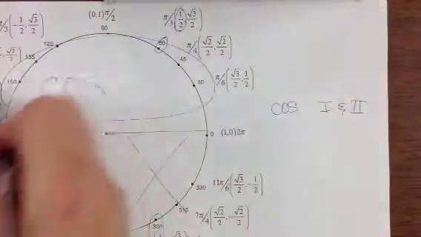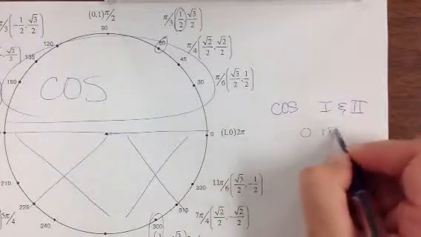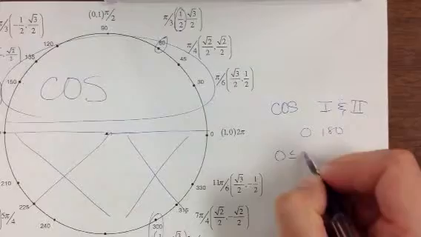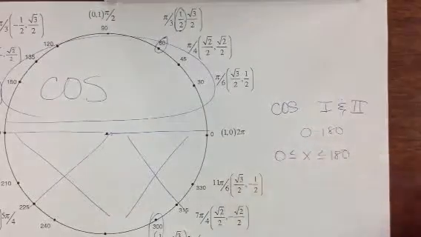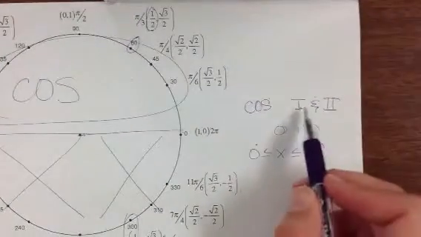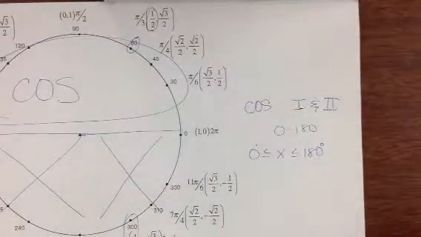So what values is that between? That's between 0 and 180. Let's write that mathematically though. Between 0 and 180 degrees. So cosine is restricted to the first and second quadrants.